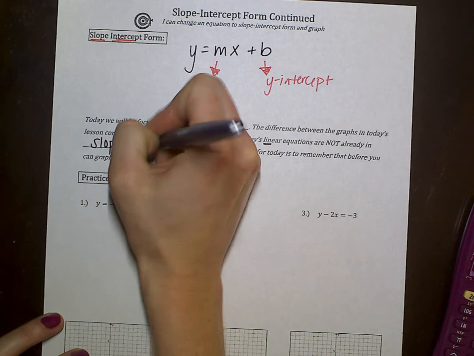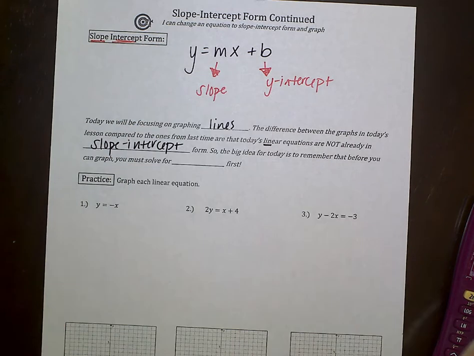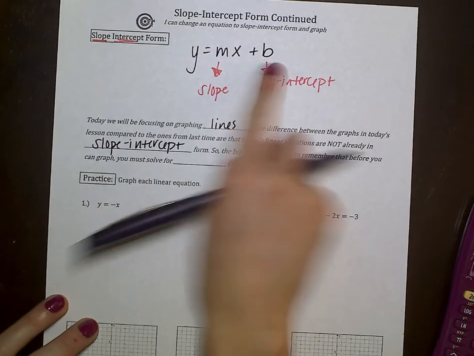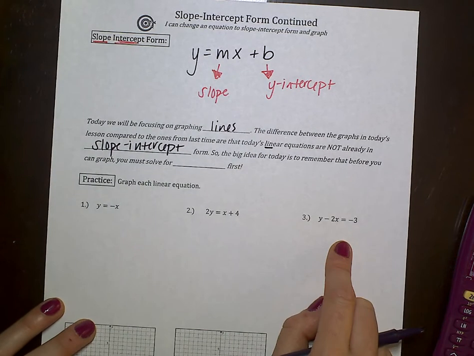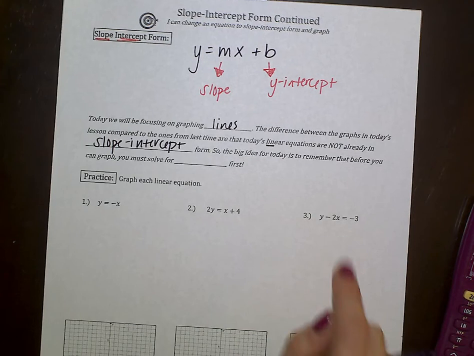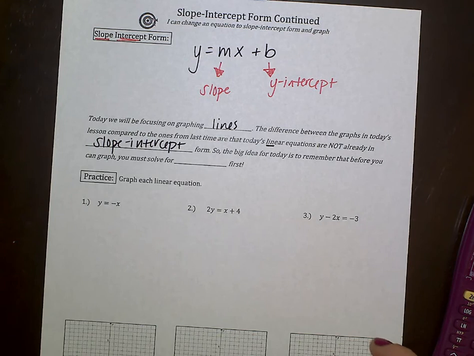All of the ones last time that I had you graph, the line was already written in mx plus b. Today, they're not going to be written in mx plus b. Okay, so that is the main goal for today, being able to write it in mx plus b, then you just do exactly what we did last time.